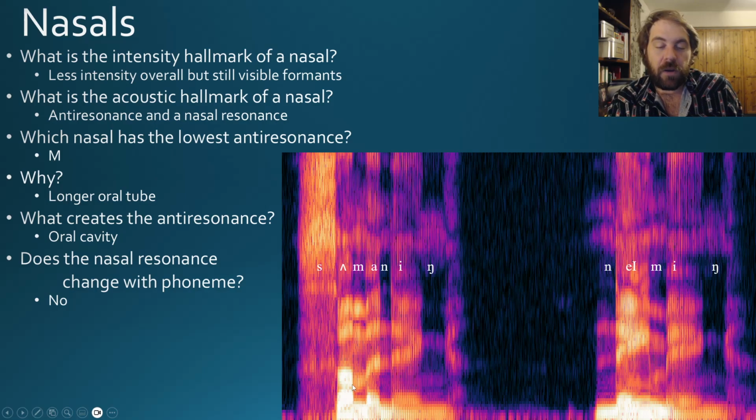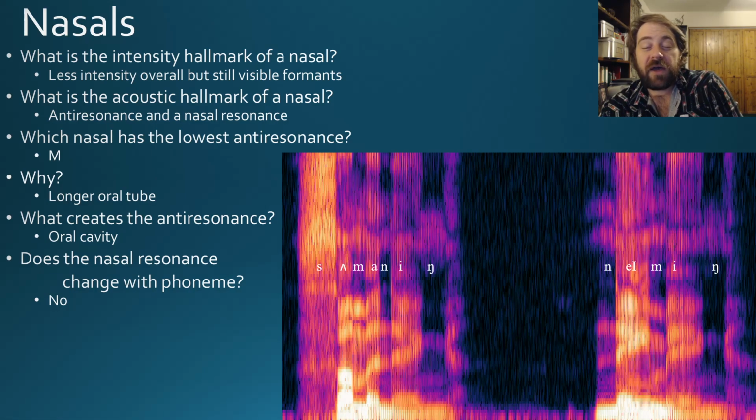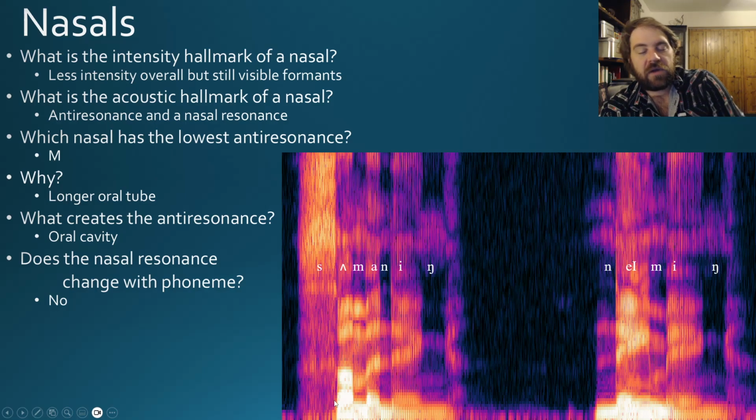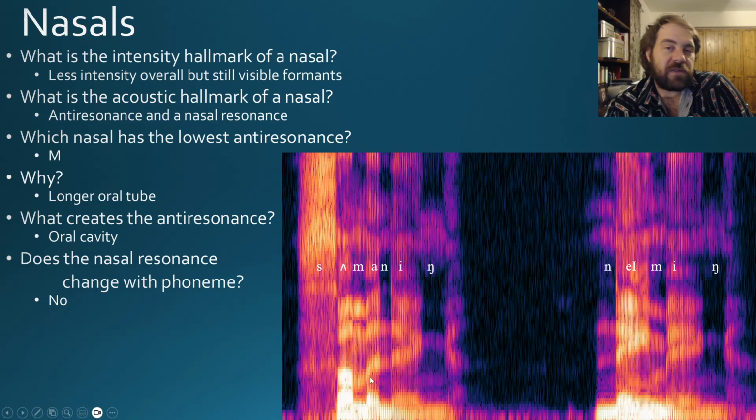And then we're going to sit here for a little bit, and you can see a little bit, not a ton, of anti-resonance around this spot right here. And then we're going to go into the next syllable. It should be summoning, but it's not pronounced that way.